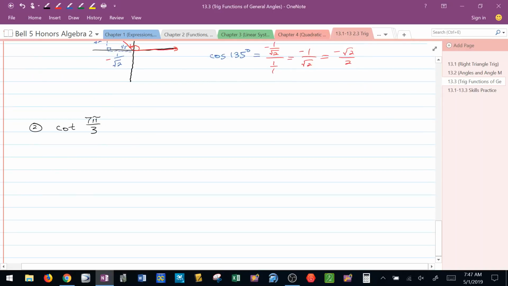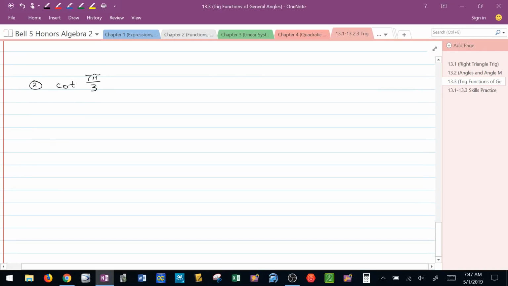All right? So be cautious with that. Now, what if I threw one at you that I asked you to find the cotangent of 7 pi over 3? Holy crapicola. Well, the first thing is I'm going to sketch it. I got to see what the heck this thing even looks like. I noticed that 7 pi over 3 is more than one time around the circle. All right?